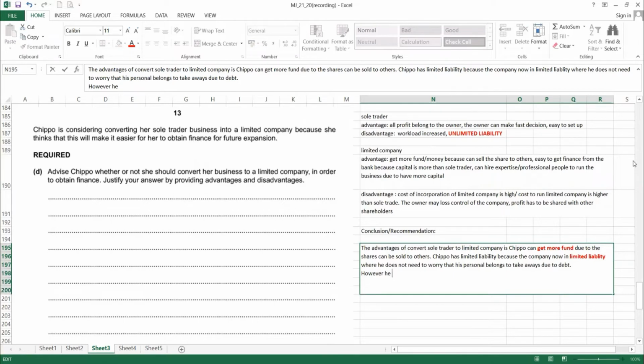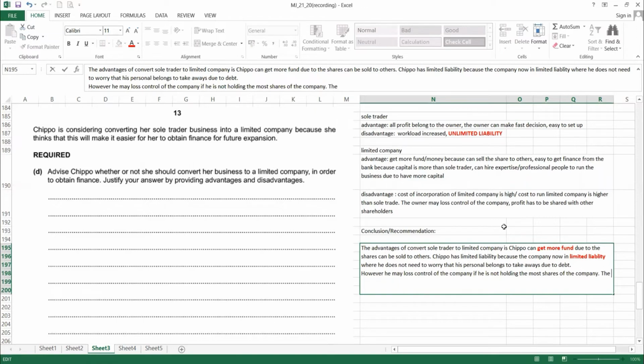He may lose control of the company if he is not holding the most shares of the company. So that is a disadvantage. He may lose control. Now the second point. What else can you talk about?